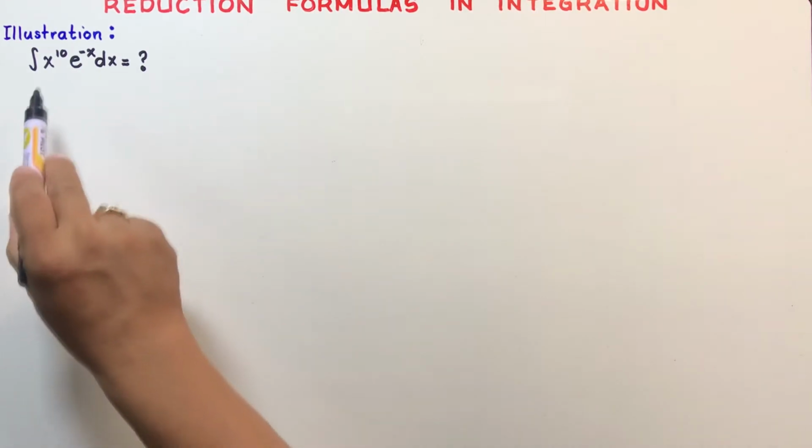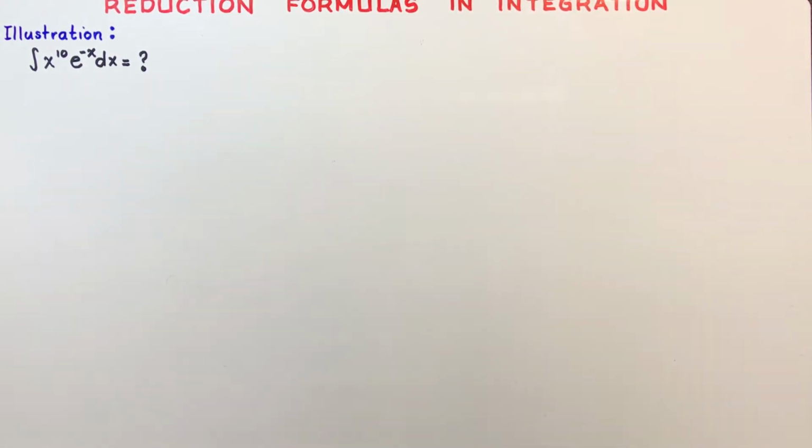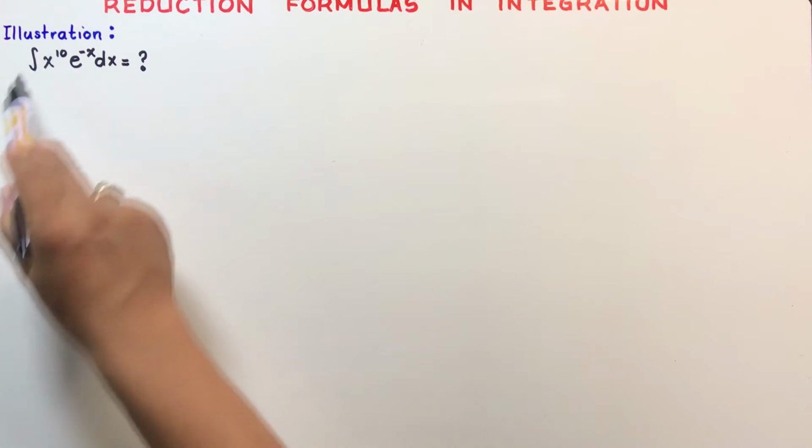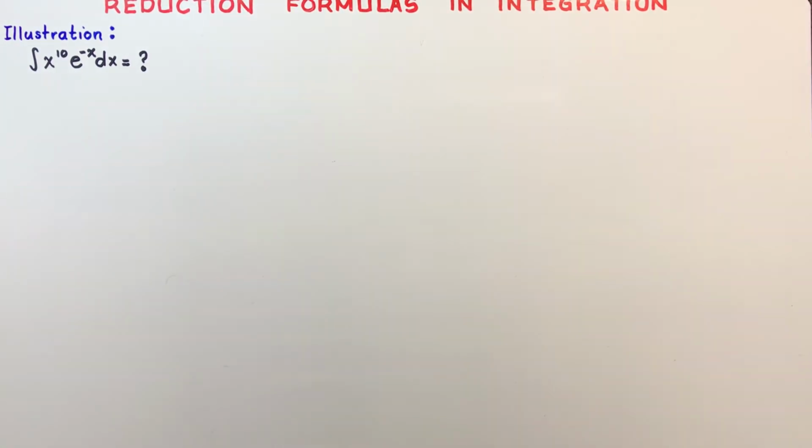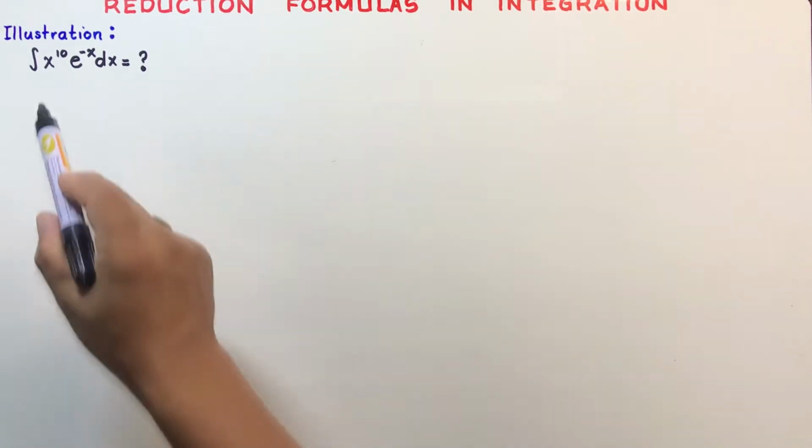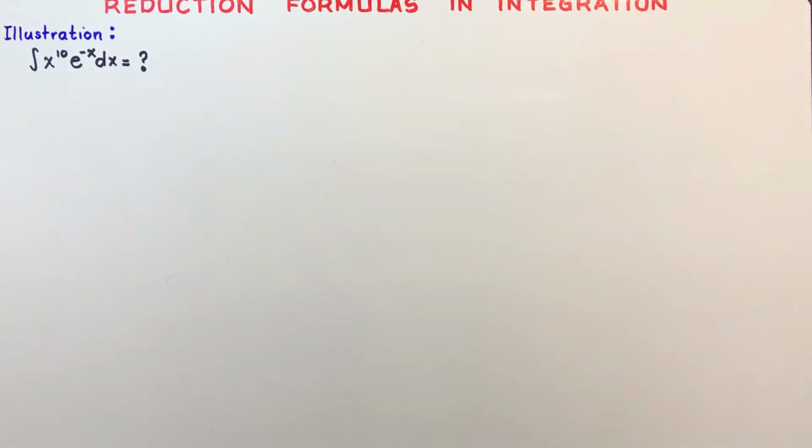Actually, if you do it the usual way, we will be applying integration by parts here 10 times for this integrand. And each time we apply the integration by parts, this x to the power 10 will be reduced to an exponent which is 1 less from the given exponent.